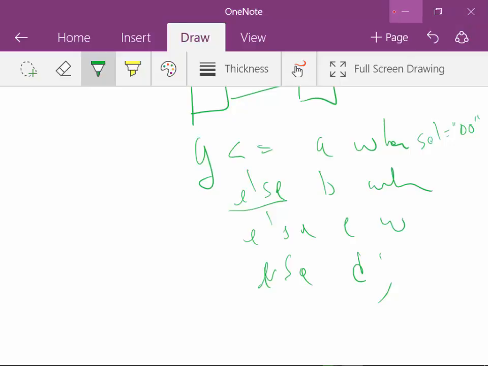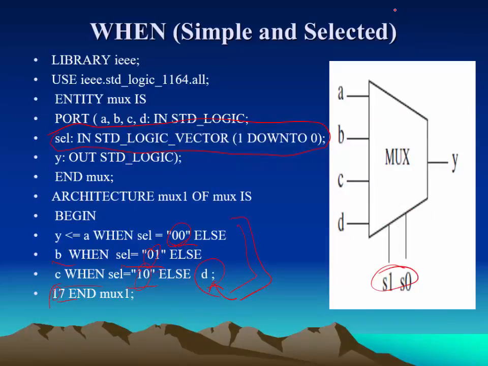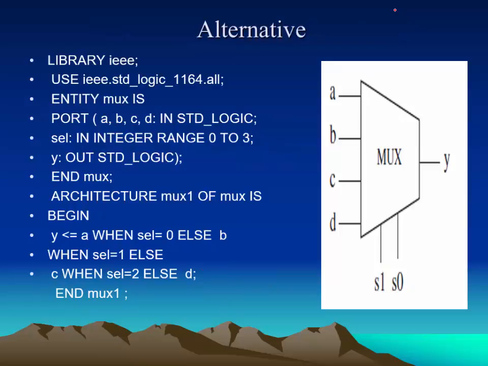But basically this is the basic concept of VHDL. Now, we have some other alternatives right there.